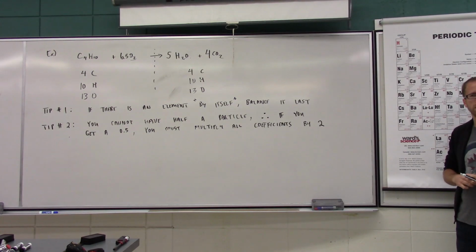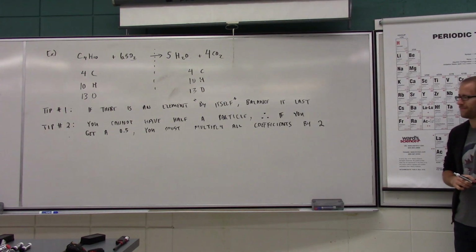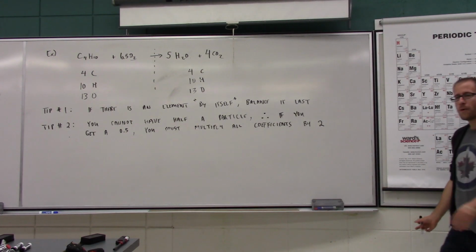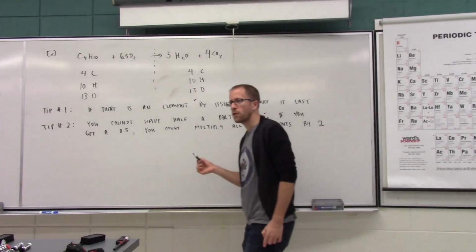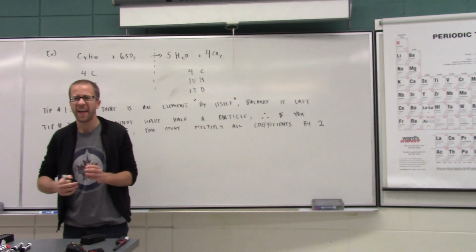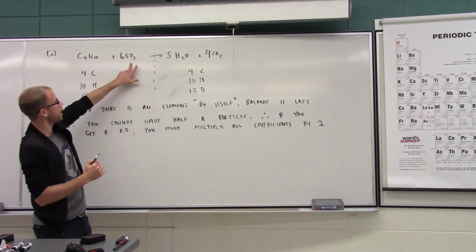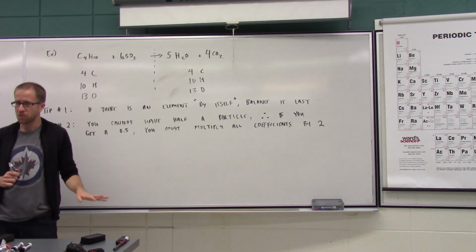Because what is 2 times 0.5? It's 1, right? So if you ever get 0.5 as one of your coefficients, you cannot have half of a molecule of oxygen. That's not the way chemistry works.